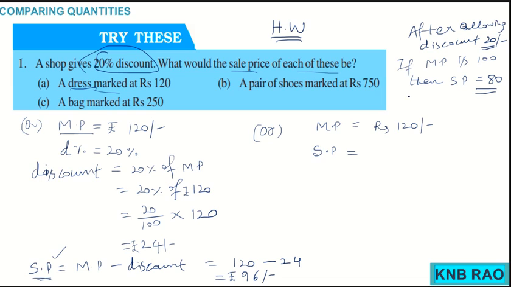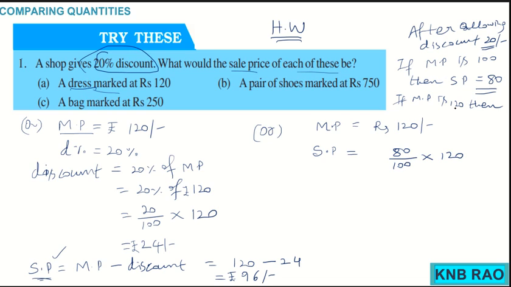Using the unitary method, if MP is 120, then SP will be 80 upon 100 into 120.